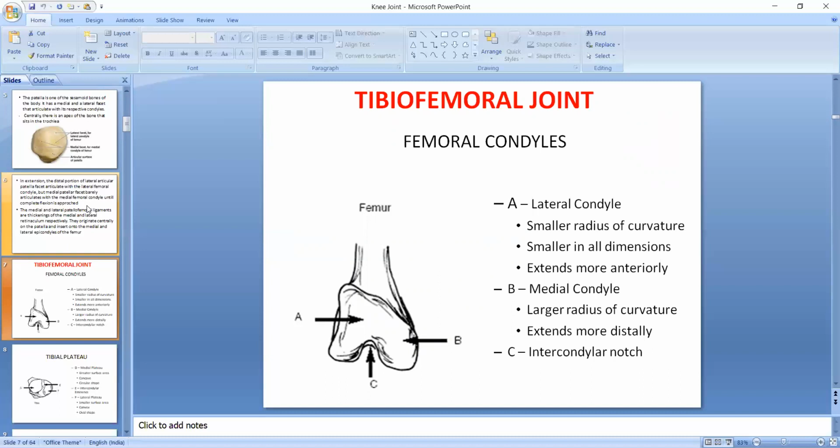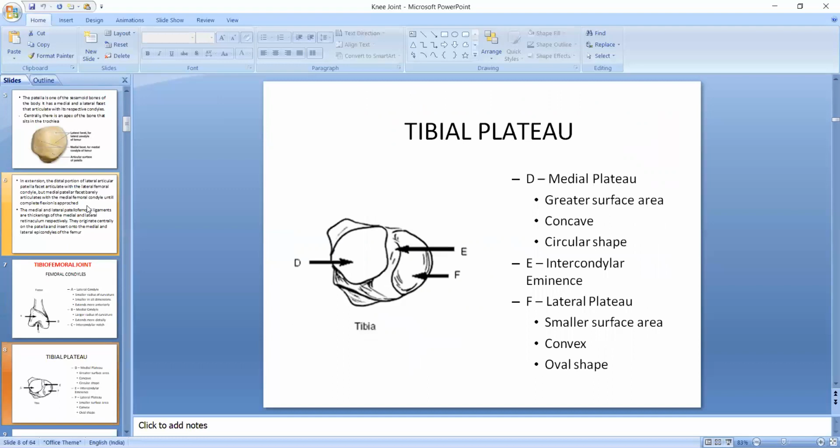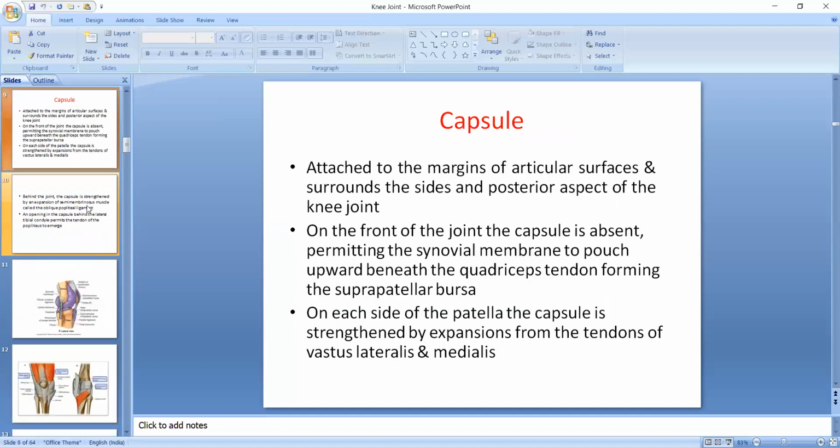Then the intercondylar notch and medial plateau, which has a greater surface area, is concave, and has a circular shape, whereas intercondylar eminence also, and lateral plateau has a smaller surface area, is convex on surface, and is oval in shape.